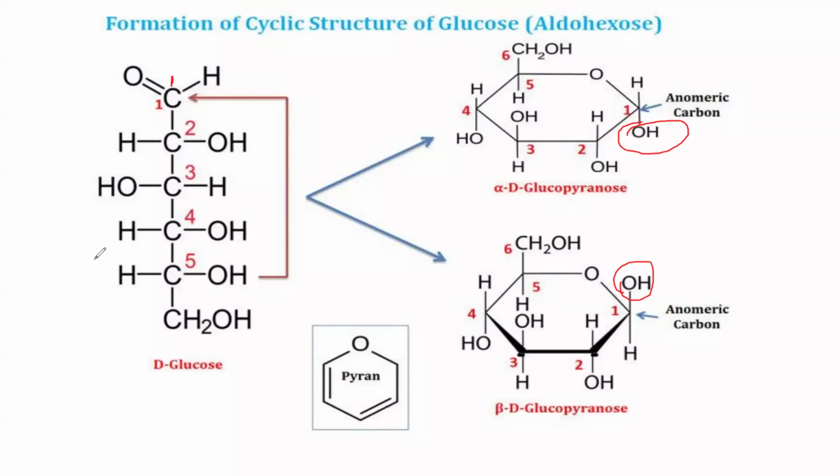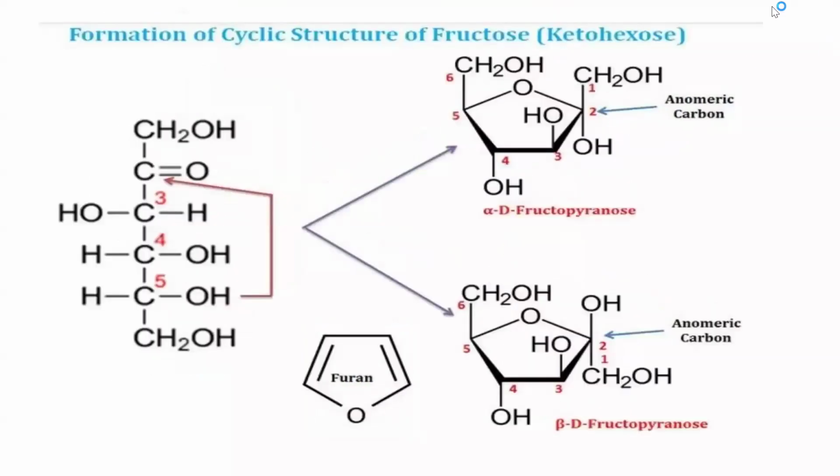The next thing we are going to look at is, in the case of the hemiketal, the cyclic form of fructose. You see, this is carbon 2 of the ketone functional group, which now reacts with carbon 5. As a result, we also have alpha D-fructopyranose. And in the case of alpha, what is the difference?